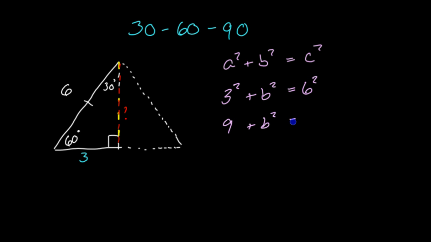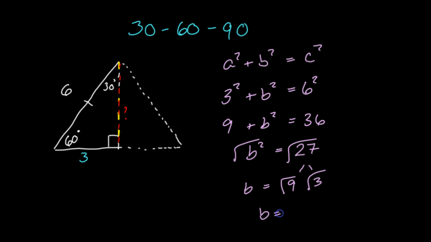We don't know b, and that's going to give us 36. So we will subtract 9 from both sides to get b squared equals 27. We will then take the square root of both sides and break 27 up because that's a decimal. 27 could really be 9 times 3.